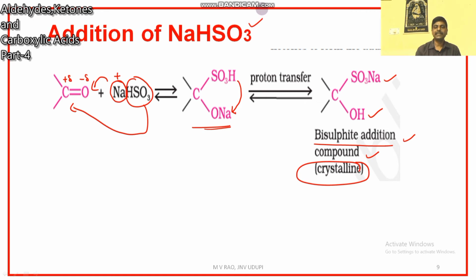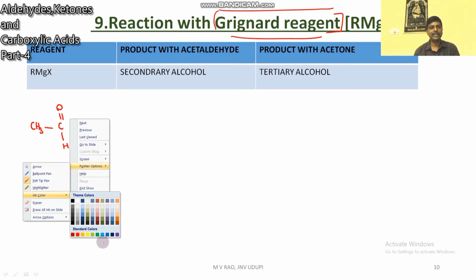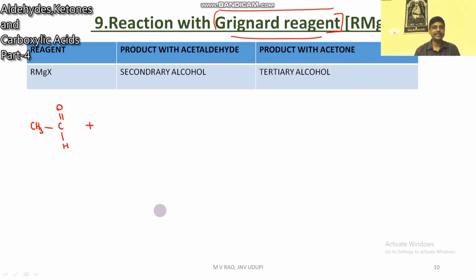Addition of NaHSO3 is done. Next reaction is reaction with Grignard reagent RMgX. Addition of Grignard reagent. This reaction is important. CH3 C double bond O H, acetaldehyde, plus Grignard reagent. What is Grignard reagent? RMgX. Instead of RMgX, I am taking CH3MgI, methyl magnesium iodide.